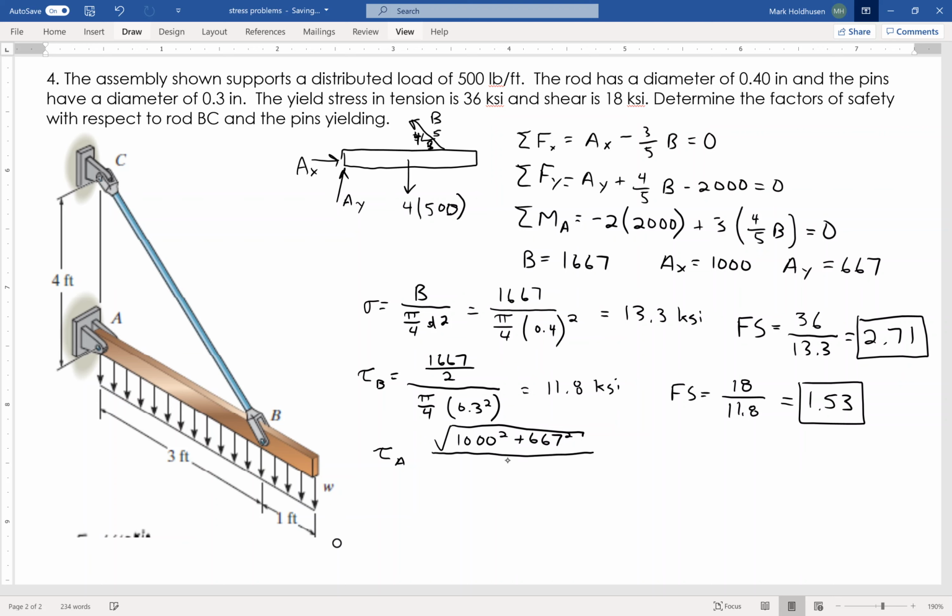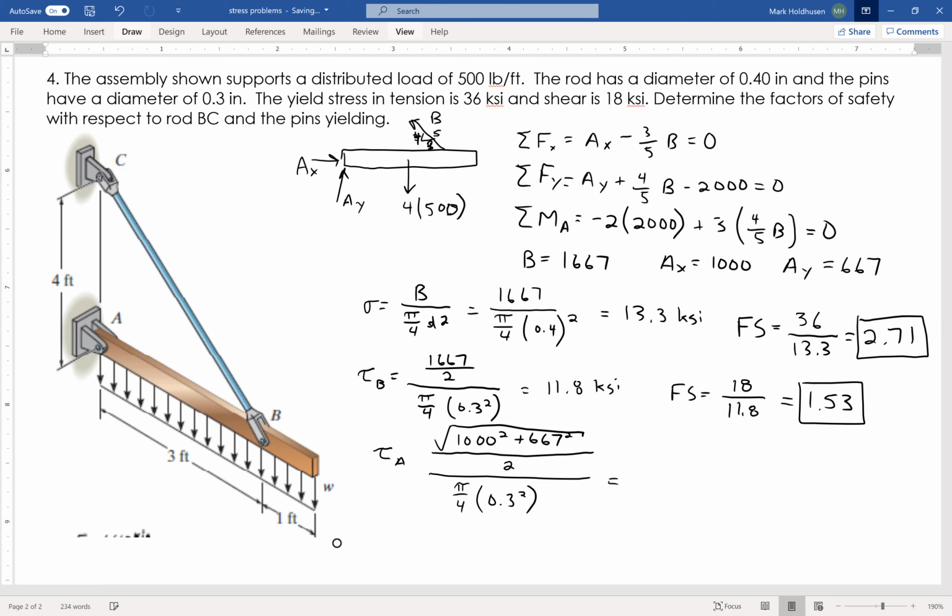Again, I'm just trying to find the total magnitude of the shear forces acting at A. I have 1,000 in the X, 667 in the Y, so the square root of the sum of the squares gives me the magnitude of that shear force. Dividing it by 2 because I have a double lap joint. Then I take that and divide it by pi over 4 times 0.3 squared, like so.